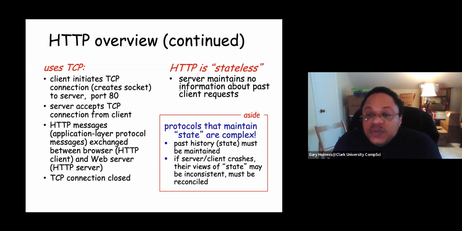And when you maintain state in a connection, that state requires a lot of resources. As you scale the number of clients that can interact with your system, you reach or exhaust your resources very, very quickly. And so stateless servers tend to be much more highly scalable. And HTTP is a stateless protocol.